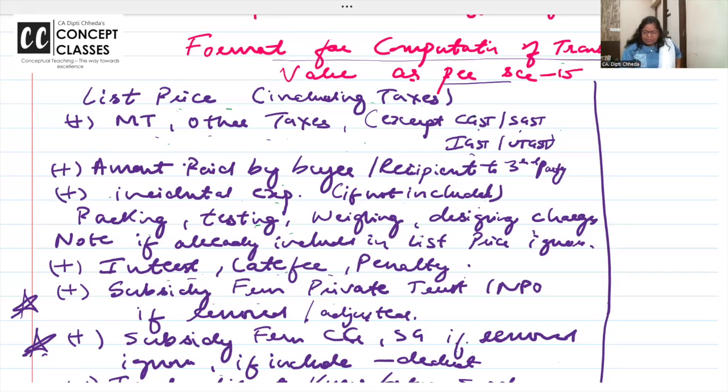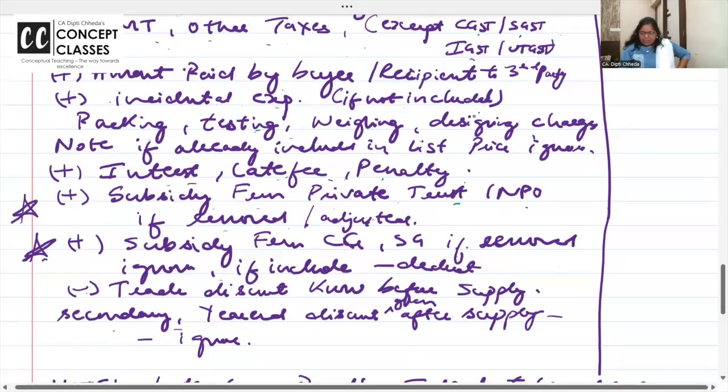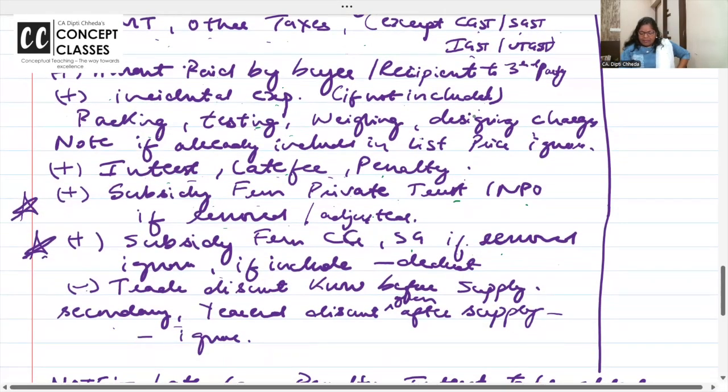Interest, late fees, penalty, very well a part of transaction value, add. Subsidy from private trust, NPOs, if removed or adjusted, add back. Whatever subsidy you get from a private trust, it's a part of transaction value. If it's already included in transaction value, ignore. If it is not added, add back.